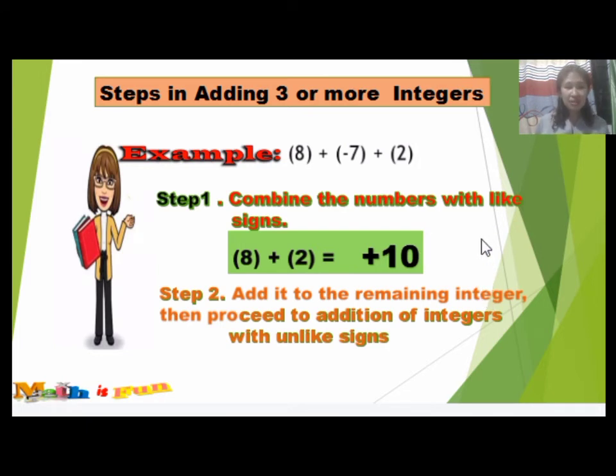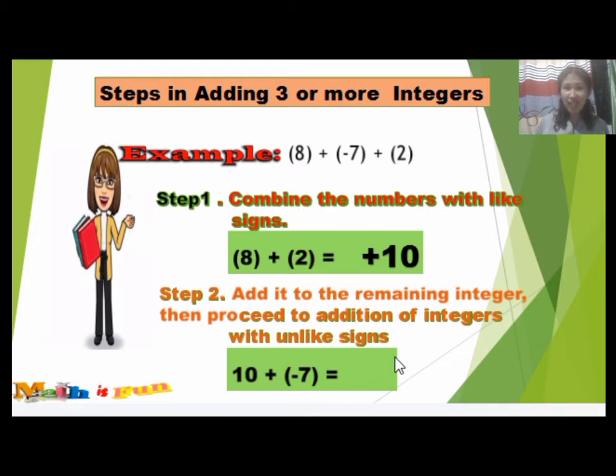Add it to the remaining integer. So what number is not added to 8 and 2? It's negative 7. So you add 10 and negative 7. Okay? Then as you can see, 10 plus negative 7 have different signs. So you have to apply rule number 2, which is adding integers with unlike signs.